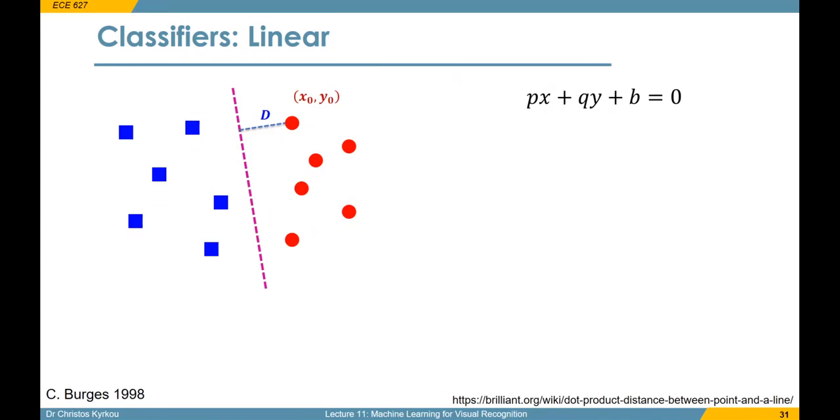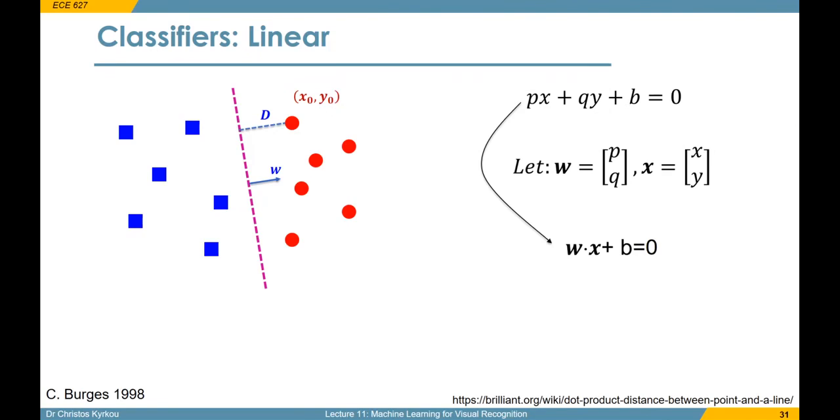And we're interested to find how far away from that line a particular point is. So for the line, we also have a vector W, which is perpendicular to that line. So we can basically rewrite this equation here using that vector W.